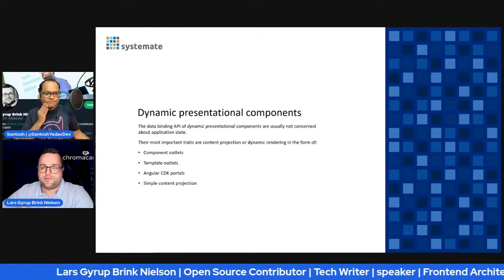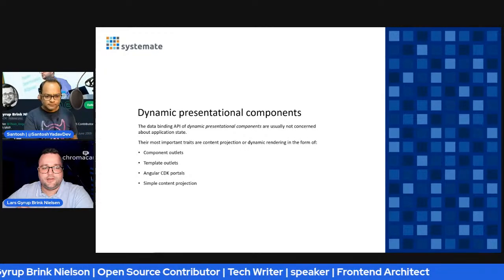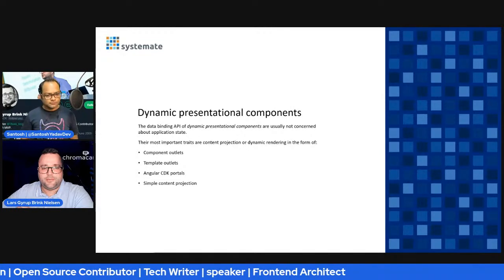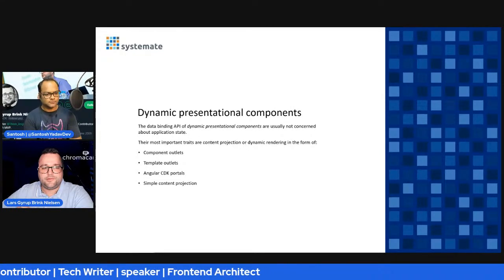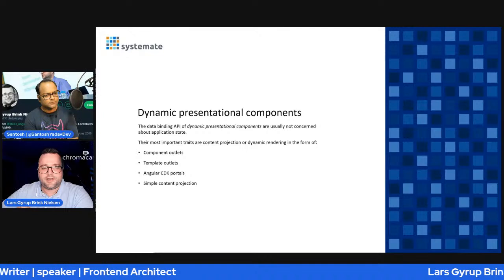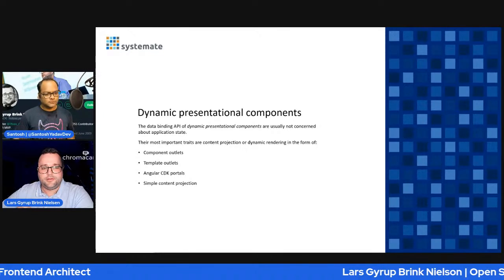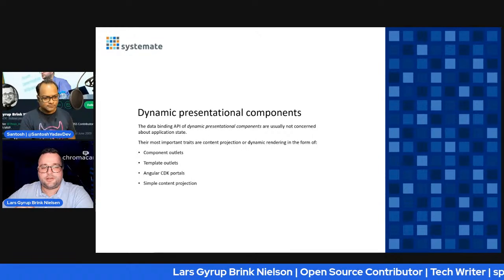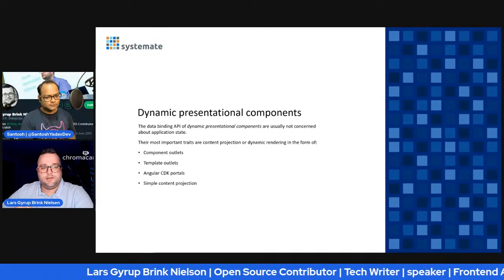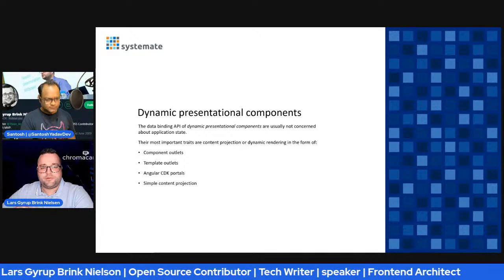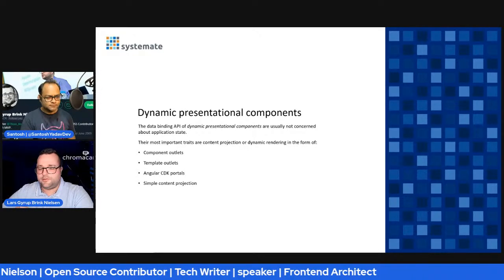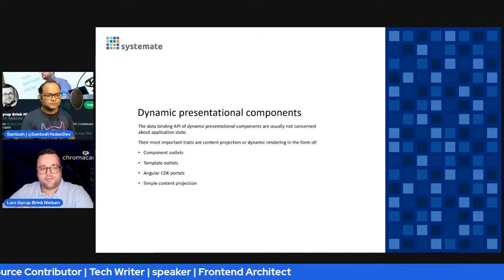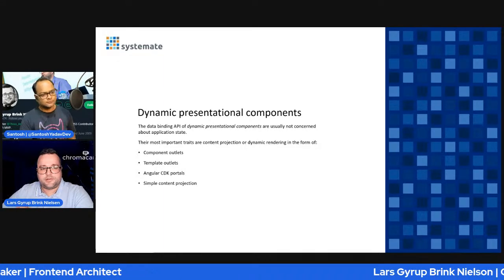Their most important traits or features are content projection or dynamic rendering using component outlets, template outlets, Angular CDK portals, or just simple content projection with ng-content and select. So that's a dynamic presentation component. It's about similar to structural directives. It's about setting up the DOM using templates or other components.